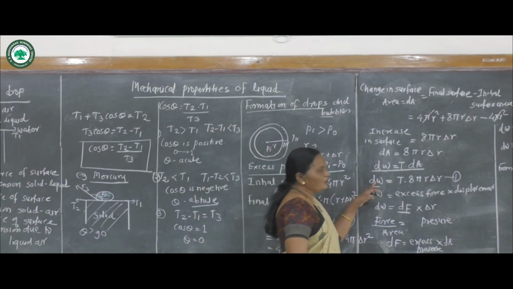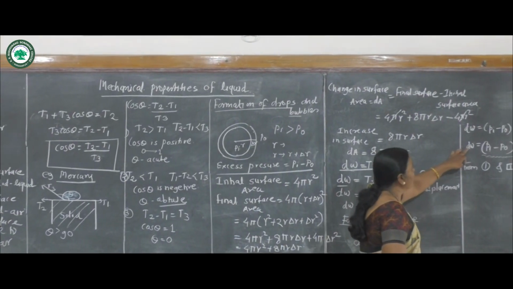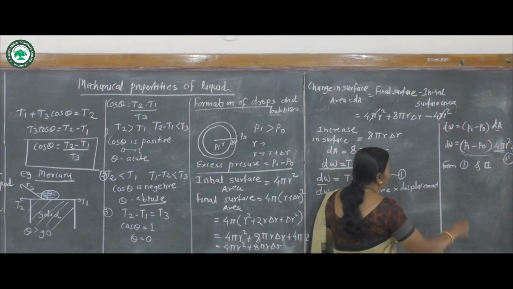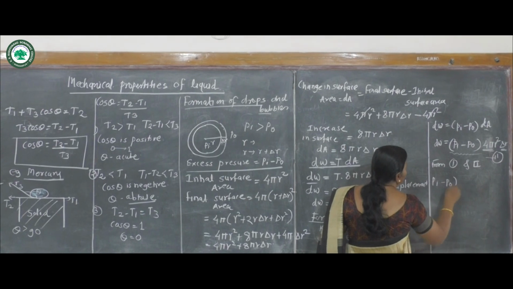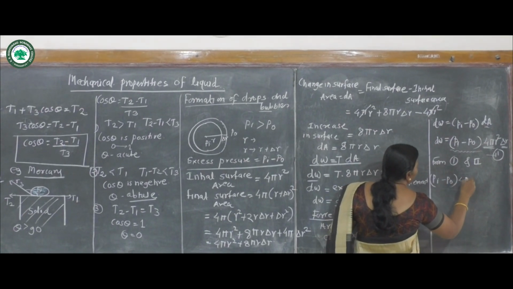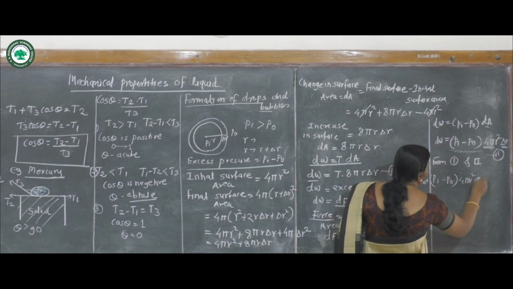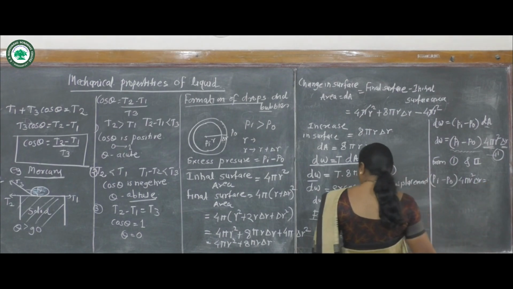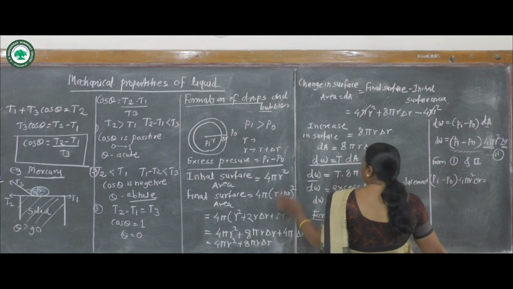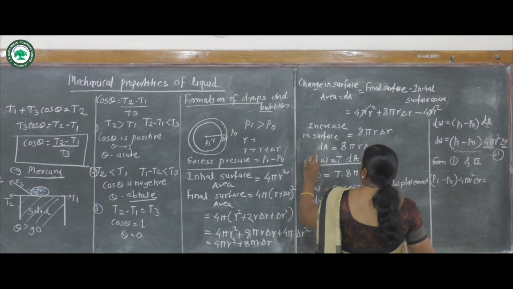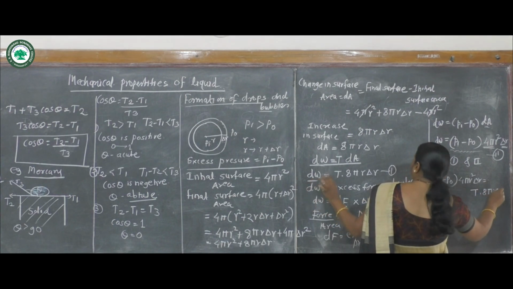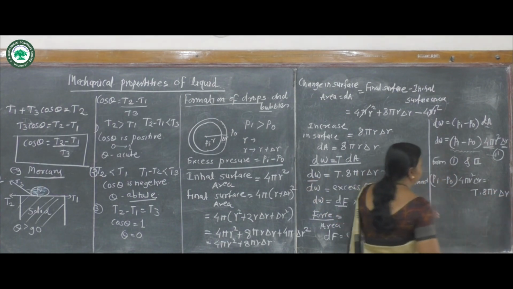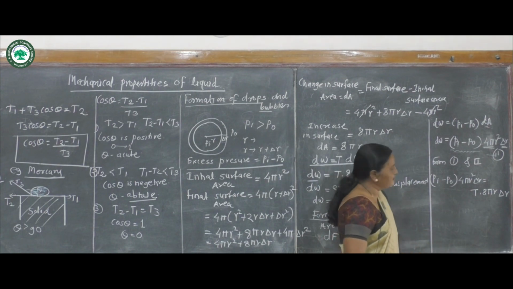Therefore, we can equate the equations: Pi minus P0 into 4 pi R square delta R is equal to dW, which is T into 8 pi R delta R. Now see, which terms cancel here?